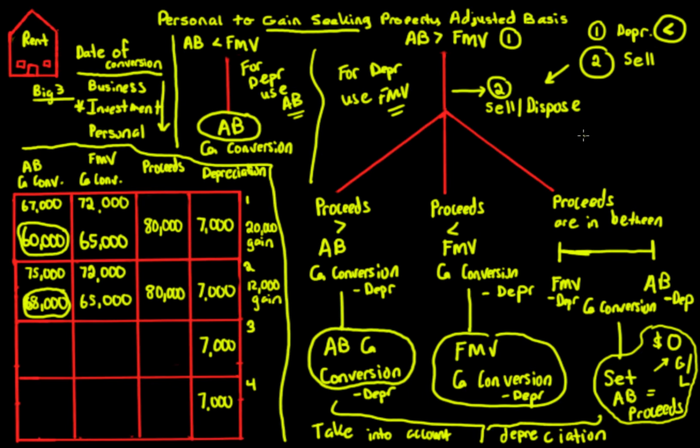Now notice that when we're determining our depreciation, for depreciation purposes, we use the fair market value because you always use the lesser of the two at conversion, which the fair market value is less. It's 72. See that? So when we calculate that 7,000 depreciation, we're always using that amount.